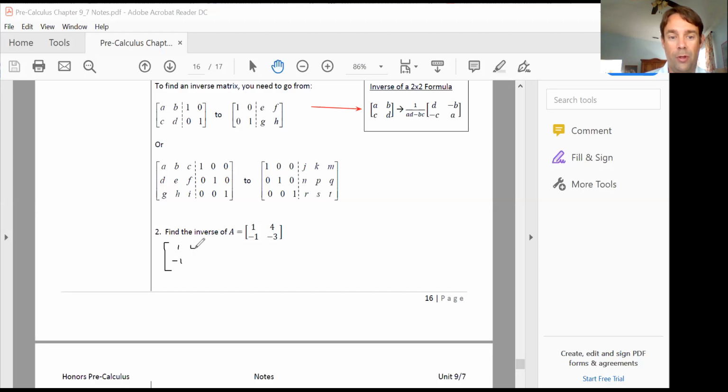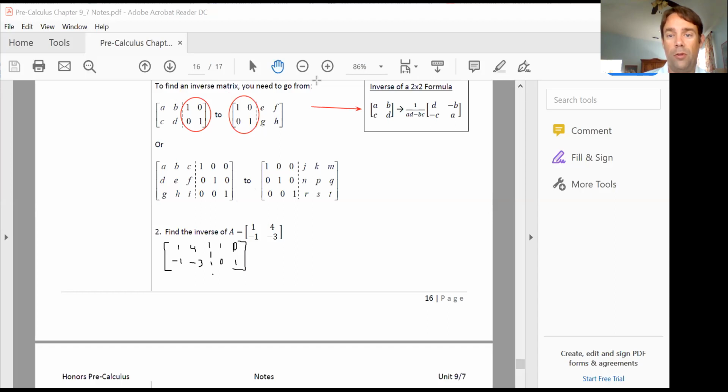When we're dealing with augmented matrices, the whole point for inverse functions is to start with the identity matrix on the right side, and we're going to use row reduction to make the identity matrix go to the left side. We're going to do row reduction until we get it to switch sides.